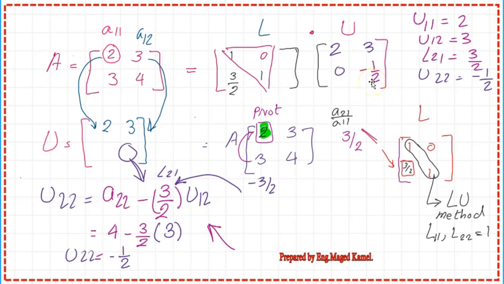The problem lies in here. This equals a sub 22 minus 3 over 2 times u12, the corner, as if there is a pivot here that we are going to use. So u22 equals minus 1 over 2.